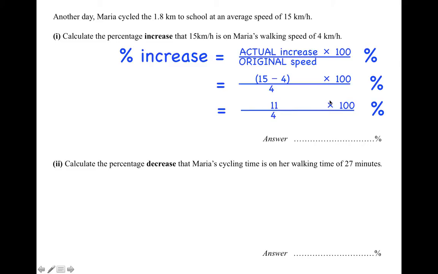So when you simplify that, that's 11 because it's 11 faster, times 100 for the percent on the top, and then divided by 4 on the bottom for the original walking speed of 4 kilometers per hour, and that works out to be 275. So her cycling speed is 275% bigger than her walking speed.